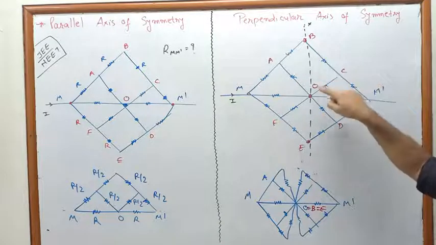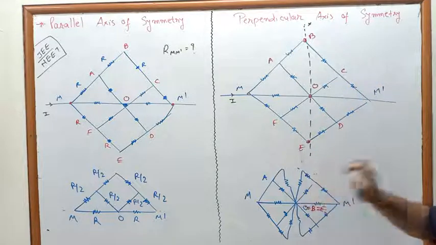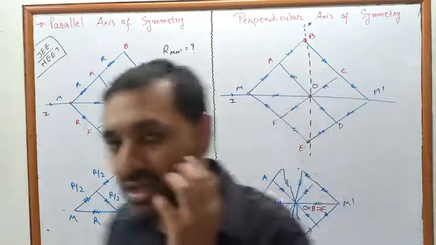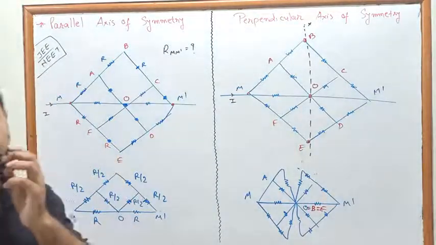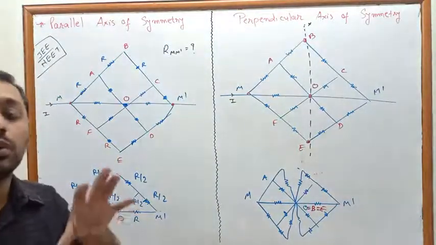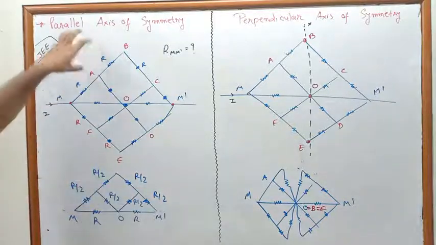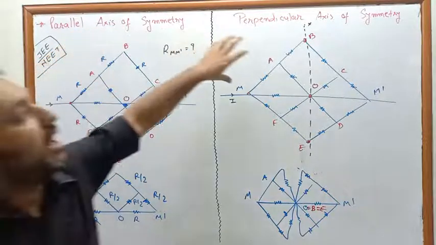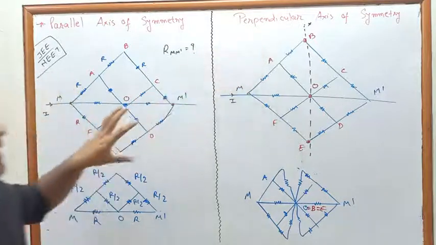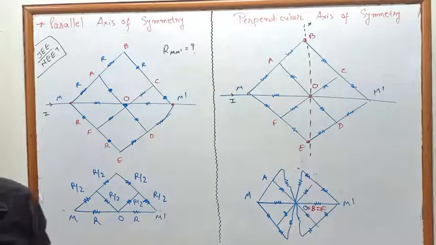So points B, O, and E, I have joined them over here. Now sometimes, as I mentioned, you have to apply both parallel axis symmetry and perpendicular axis symmetry in the network.